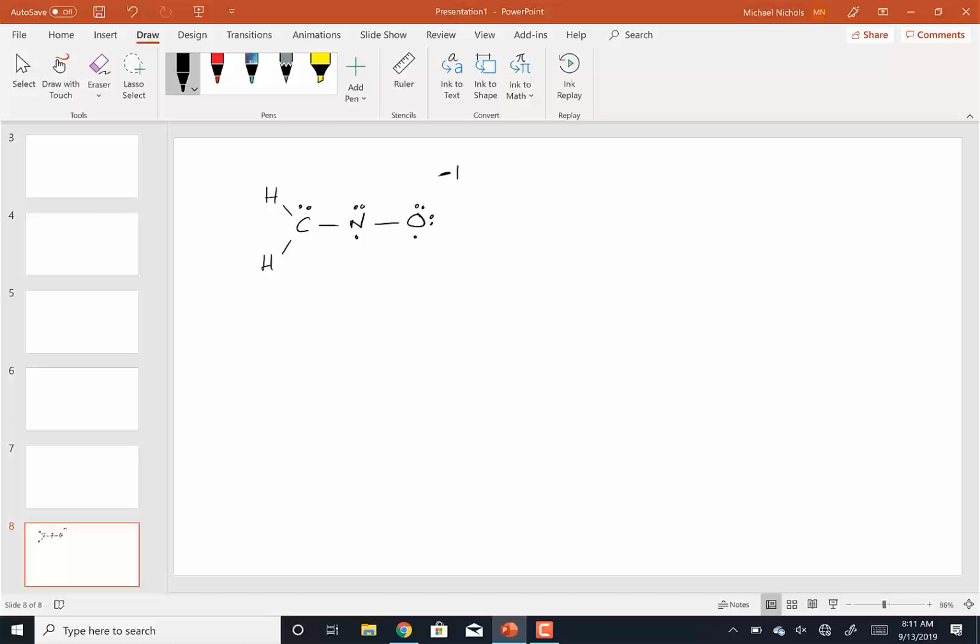I haven't finished this one yet. 2, 4, see that's got 10. So you may not be able to form the structure with the 2 double bonds. Right, you just have to make sure.